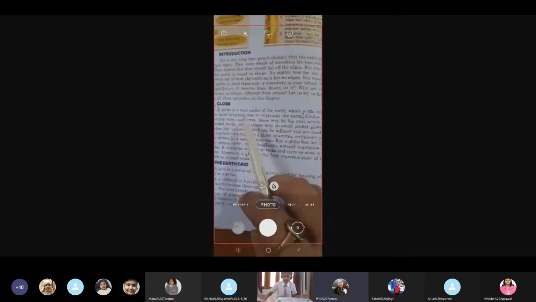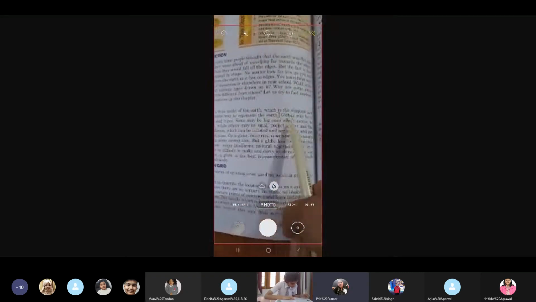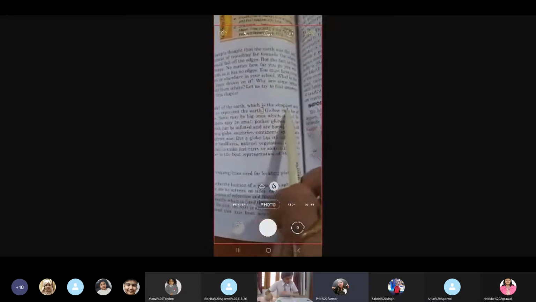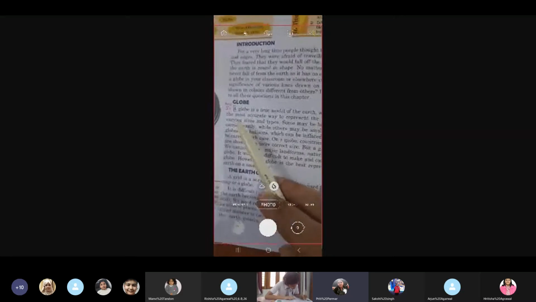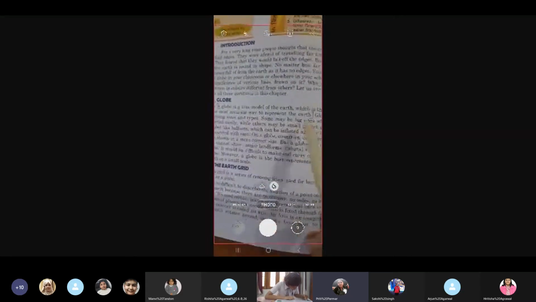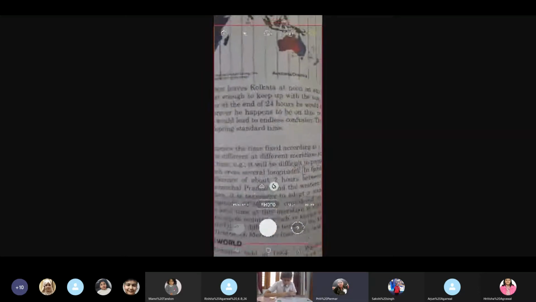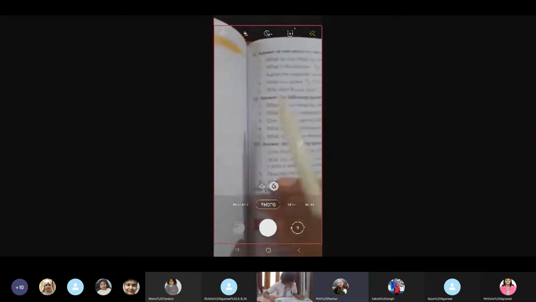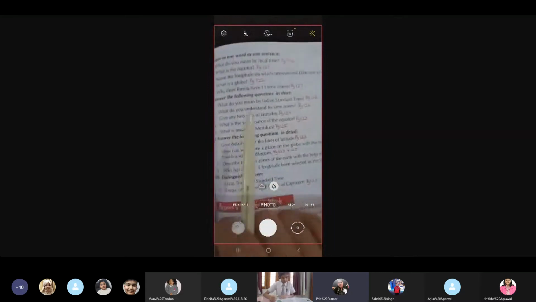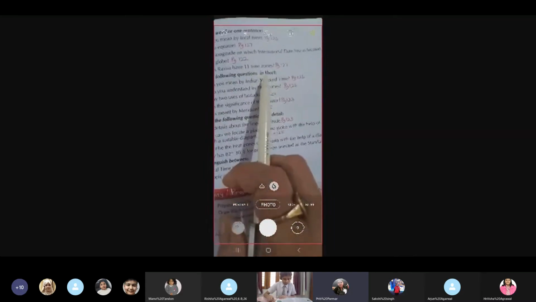A globe is a true model of the Earth, which is the simplest and the most accurate way to represent the Earth. Coming to 5.5. Why does Russia have 11 time zones?